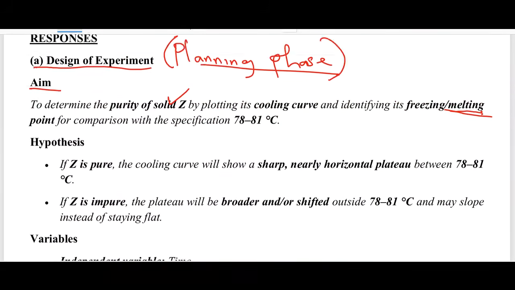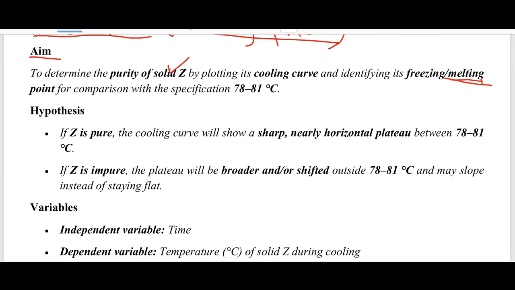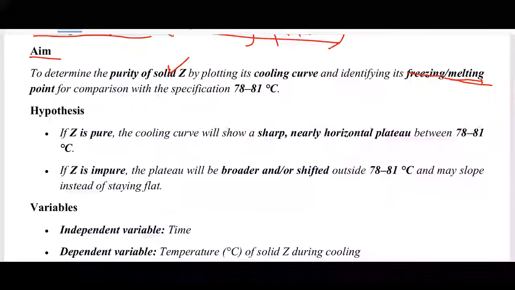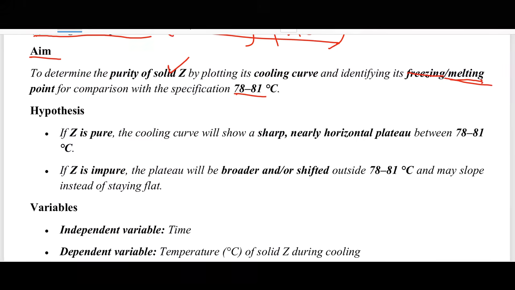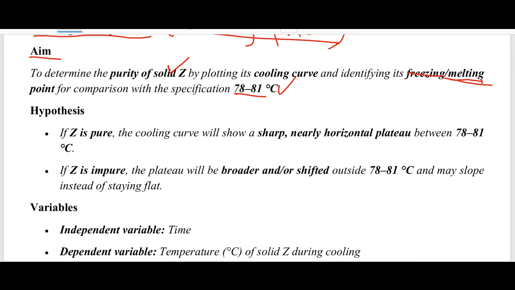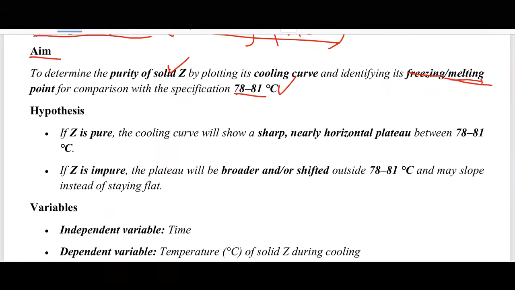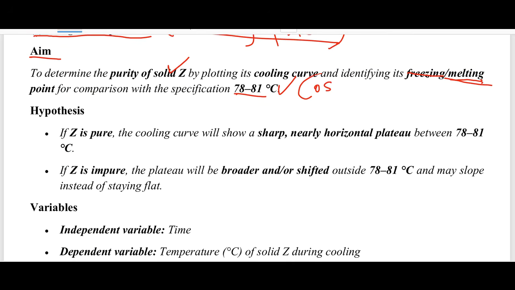So, in our aim, we don't need to talk about the freezing. Instead, we can consider only melting. So we say to determine the purity of solid Z by plotting its cooling curve and identifying its melting point for comparison with the specification 78 to 81 degrees Celsius. When you put that very well, you get all the 5 scores.